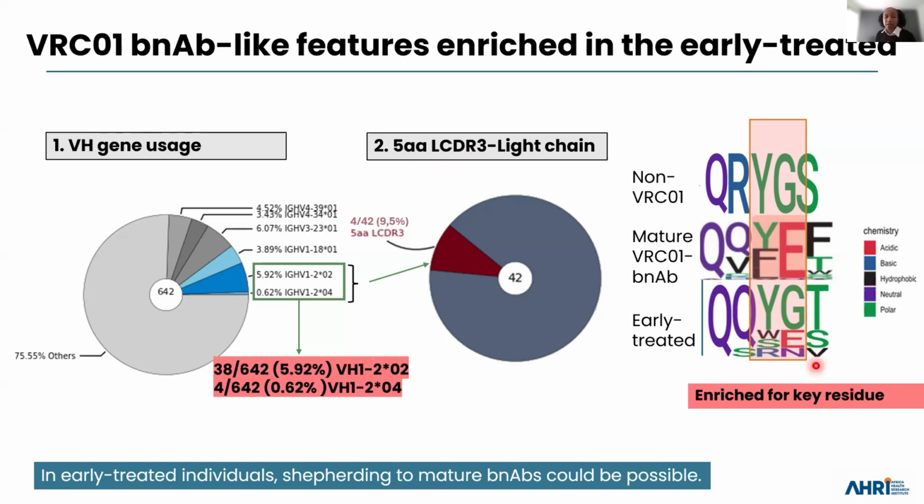But because we see the signature logo and we tick all the boxes for the VRC01 class in the early treated, we think that that disease progression into early treated sort of drives the precursors into some form of maturity.